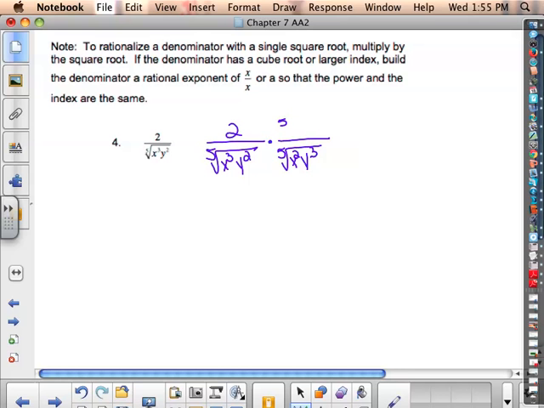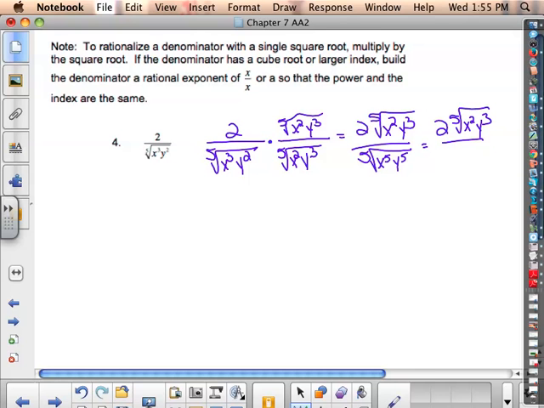So the fifth root of x squared, y to the third, this gives me 2. Fifth root of x squared, y to the third, over the fifth root of x to the fifth, y to the fifth. So when I'm finished, my answer will be 2 fifth root of x squared, y to the third, over x, y.